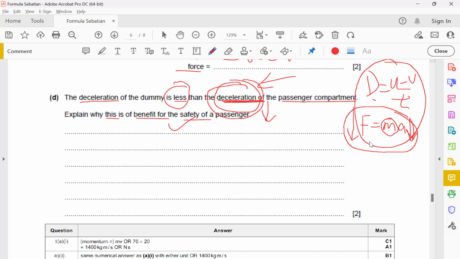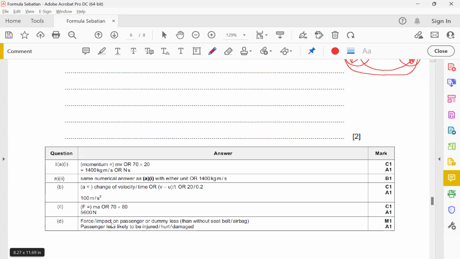So if I want to answer this right, a decrease in the acceleration of the dummy is beneficial because I will generate less force on the dummy during impact and thus sustain less injury. Force on impact is less, likely to be less injured.